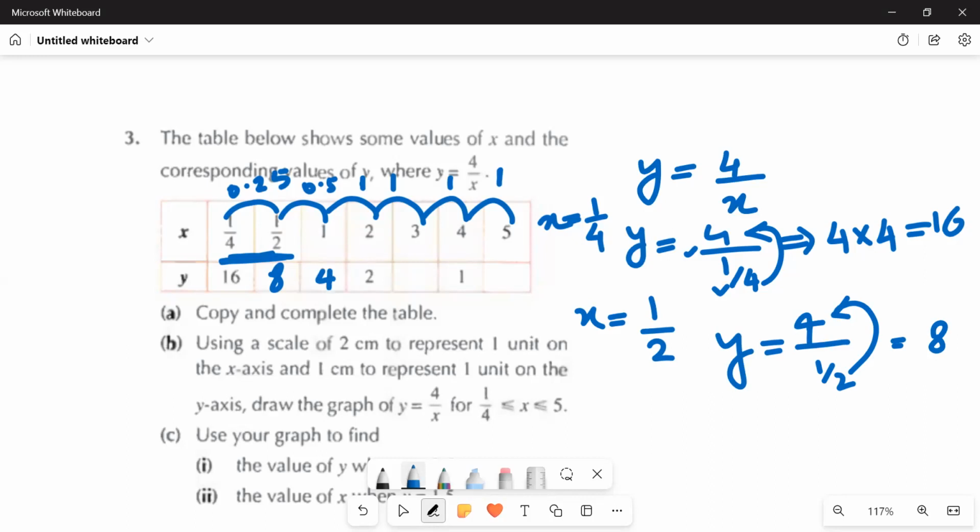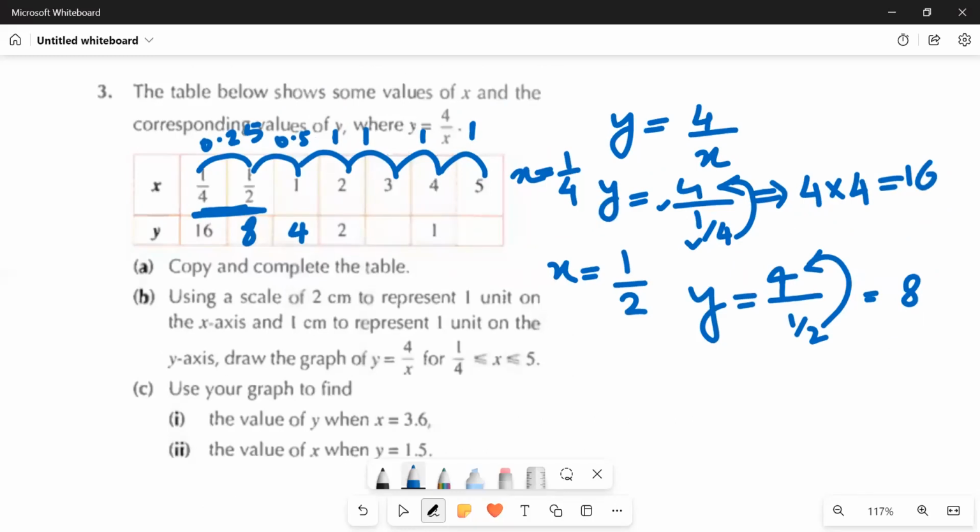And for all other values, you can also use the calculator, by putting these values in the function. So I am using the calculator here from 1 to 5. Mod, then 7, press 7, use your calculator and find the values with me. F of x function is 4 by x.